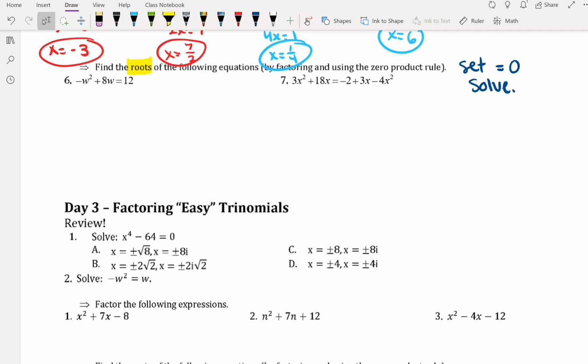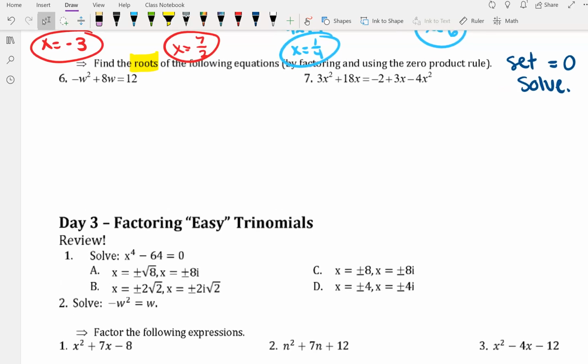What I would personally do on number 6 is I would move everything to the right side. The reason is I want this to be a positive. I like when my leading coefficient is positive if possible. So I'm going to add w squared to both sides, and then I'm going to subtract 8w from both sides, so that I can move both the w squared and the 8w to the other side.